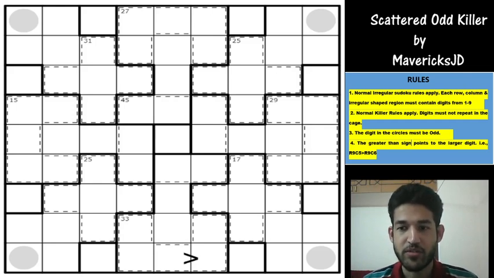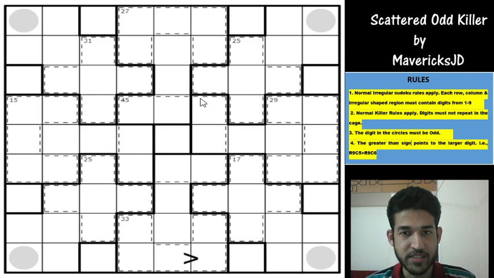So the rules of the Sudoku are: classic rules apply. Each row and column will contain digits from 1 to 9, and instead of boxes we have irregular shaped regions here. There are exactly 8 irregular shaped regions. As you can see, this is the first region, this is the second region, and there are 8 such regions in the grid. Each of the irregular shaped regions will contain the digits from 1 to 9.